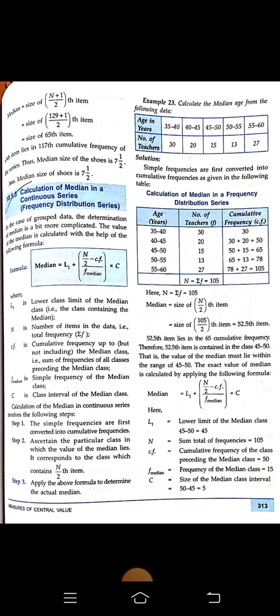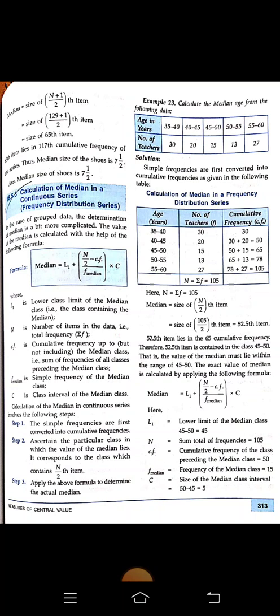The exact value of the median is calculated by applying the following formula. Median = L1 + ((n/2 - cumulative frequency) / frequency of median) × C. Applying this formula, first is L1.